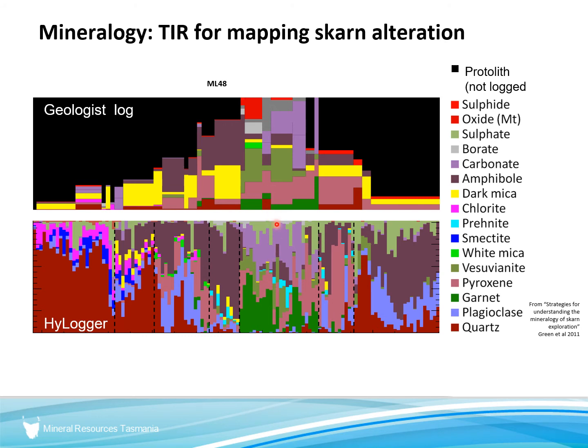We have slightly different compositional relationships here. We can see that the garnet here looks like it's been either overestimated by the HyLogger or underestimated by the geologist. And typically we find that the HyLogger is more correct than geological logging.